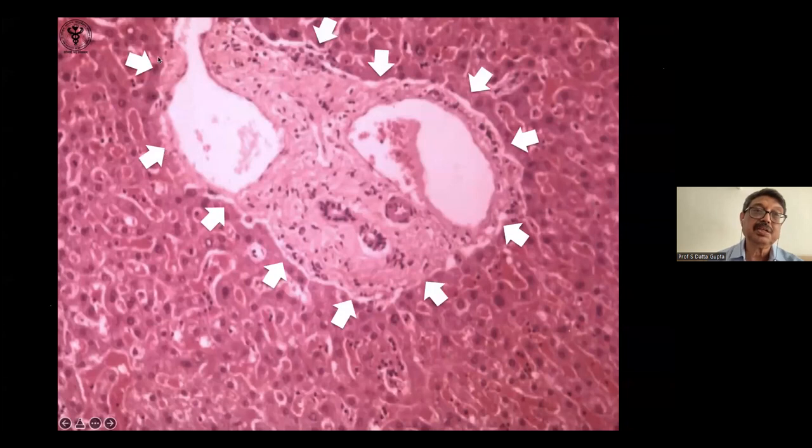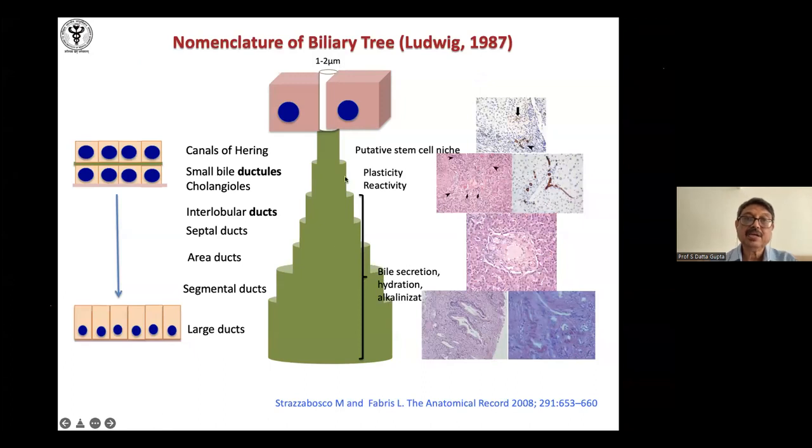So what is the limiting plate? It is the last layer of hepatocytes that separates the portal tract from the remaining parenchyma. Now, if you come to the bile ducts, they start with the canals of Hering, which are in between the hepatocytes at the limiting plate. You can't see them normally.